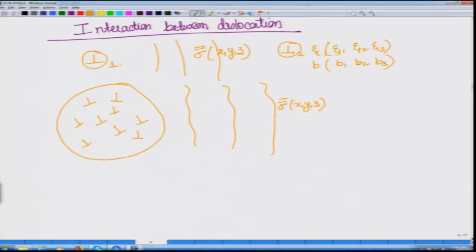So, this is a matrix quantity sigma x y z, and because of that you want to calculate the stresses onto 2, for which we know E and B. Now, this is given by what is called the Peach-Koehler relation.